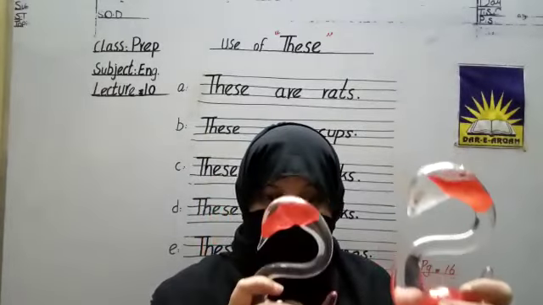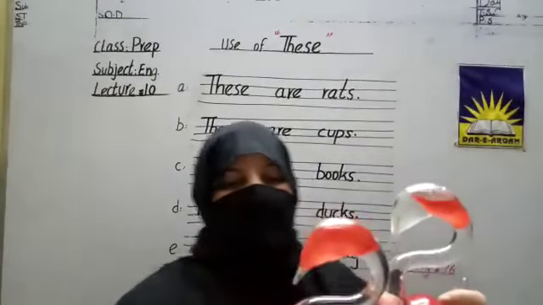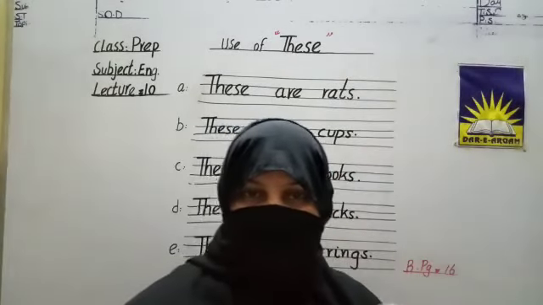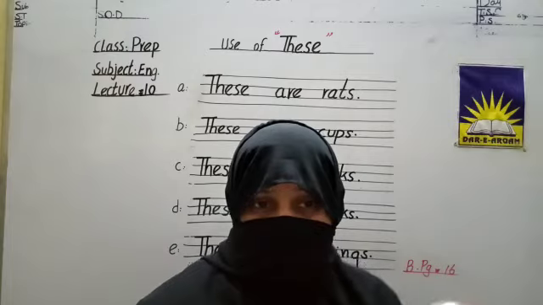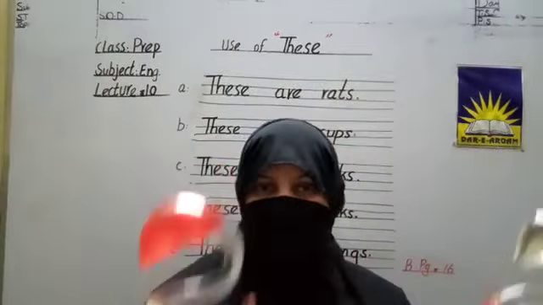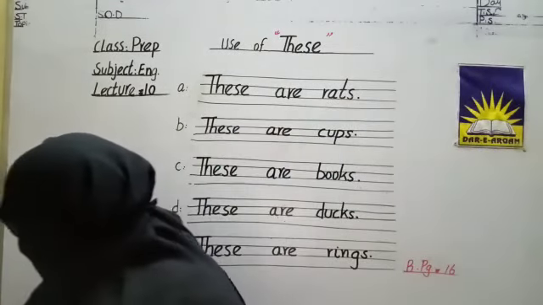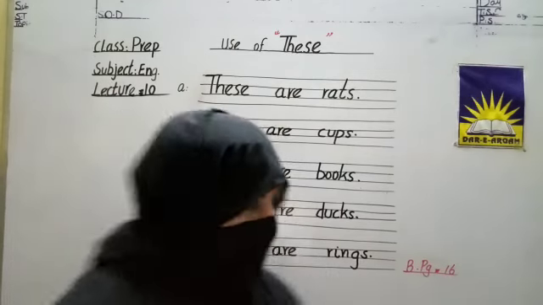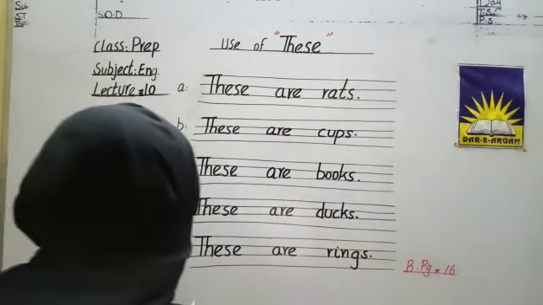Clear? We use these for the objects that are more than one and they are near to us. So we use here these are ducks. Clear, students? Good. Okay, now put your finger on the last line.